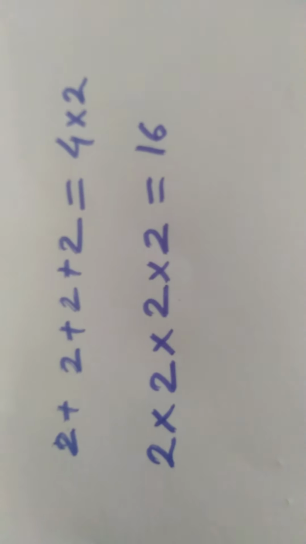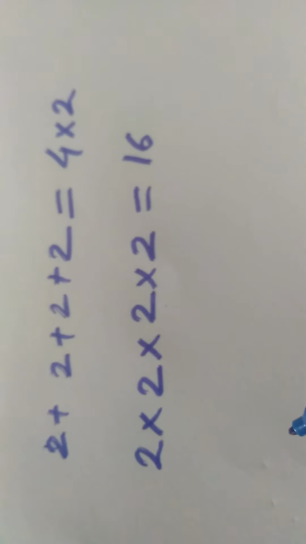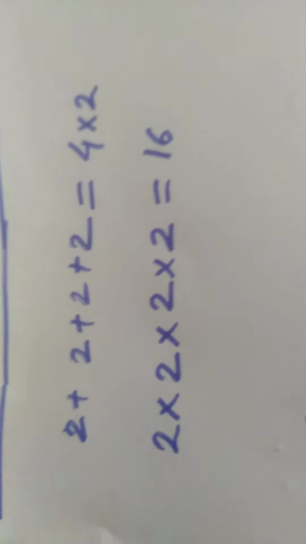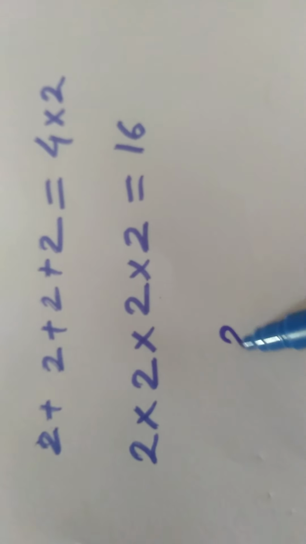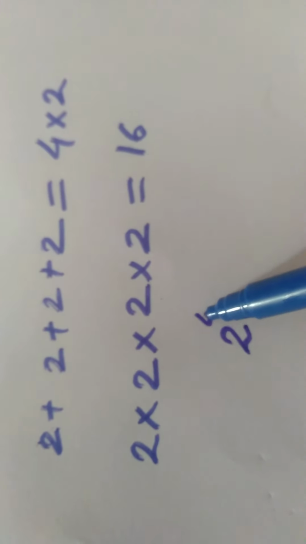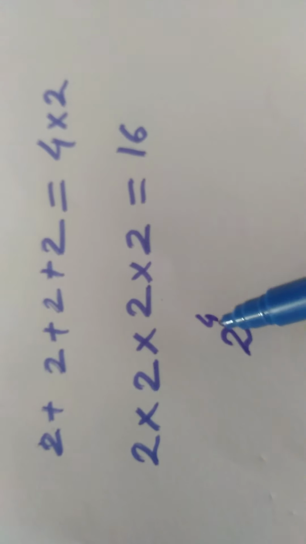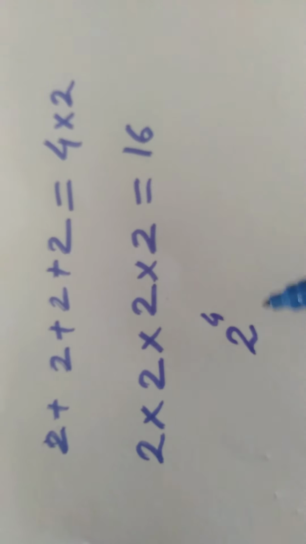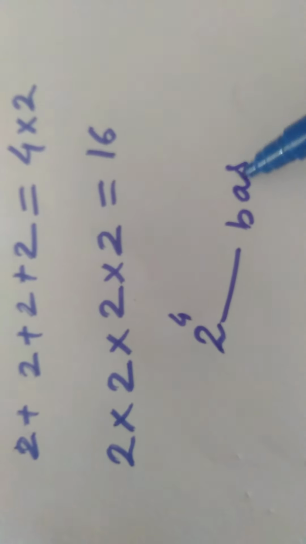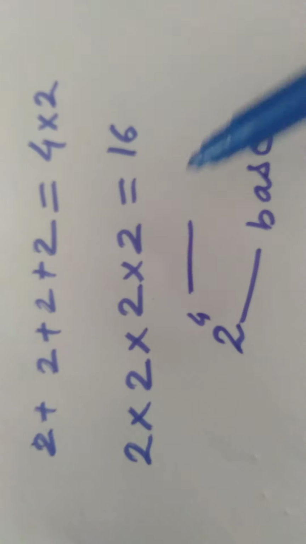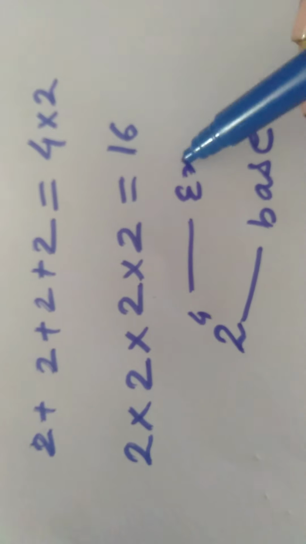If the same number is multiplied many times, then we express it in terms of powers and we write it as 2 to the power 4, as 2 is multiplied to itself 4 times. Here 2 is said to be the base and 4 is said to be the exponent.